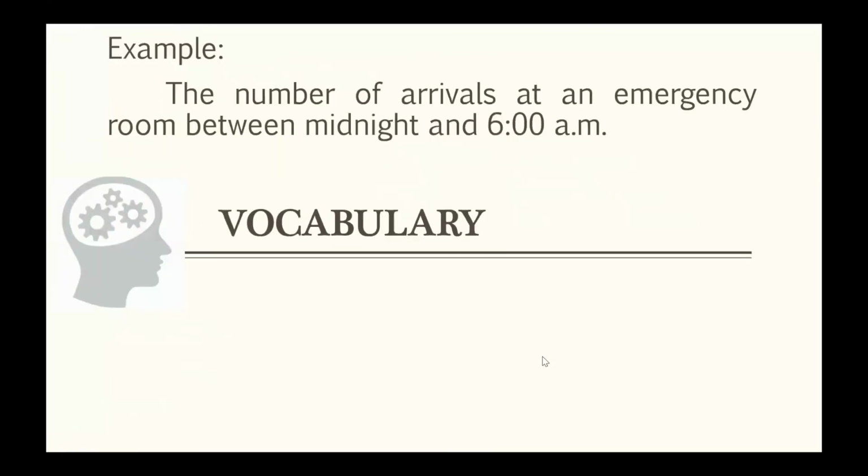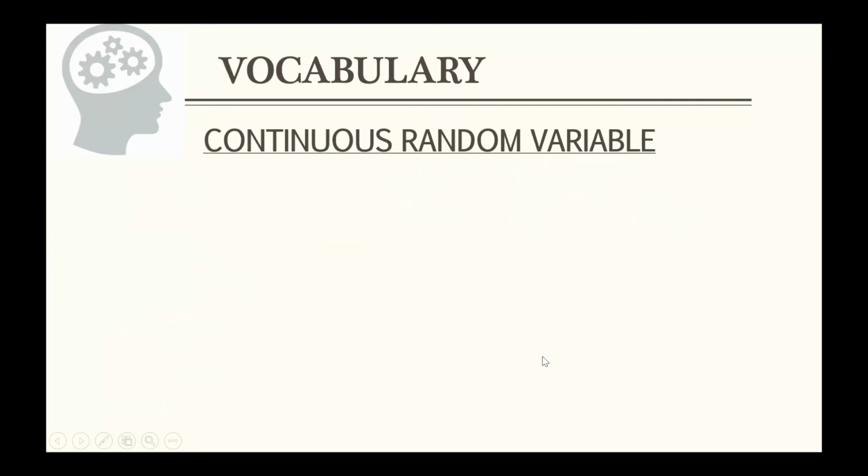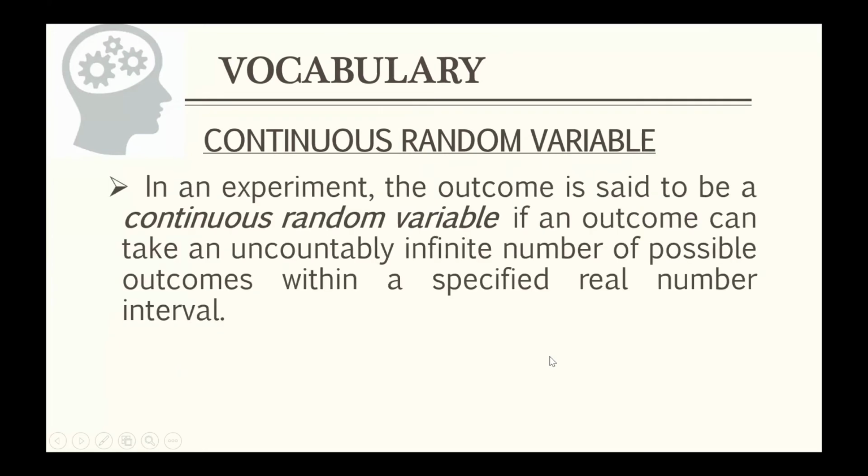How about continuous random variable? In an experiment, the outcome is said to be a continuous random variable if an outcome can take an uncountably infinite number of possible outcomes within a specified real number interval.